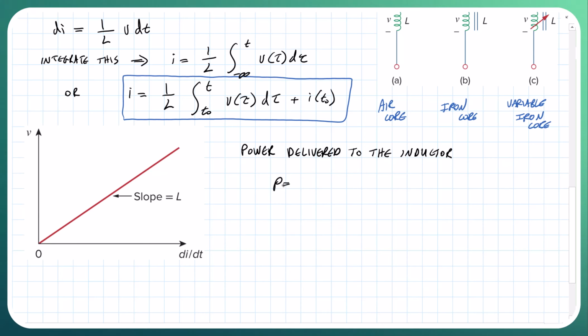P equals v i, and we just substitute the i that we defined in here, and skipping some steps, it's going to simplify to L di/dt times i.